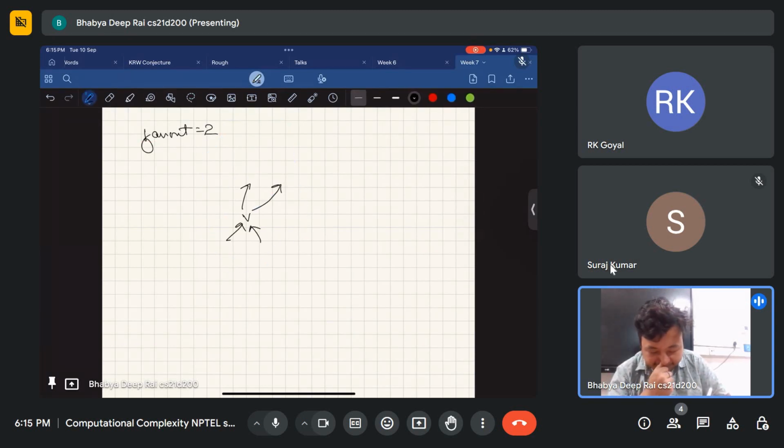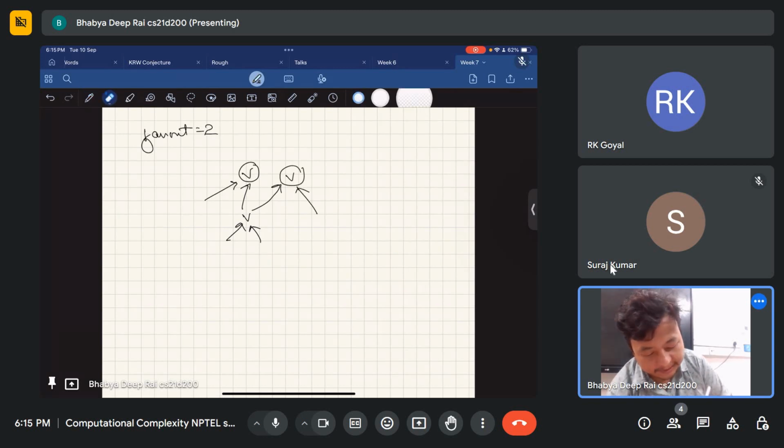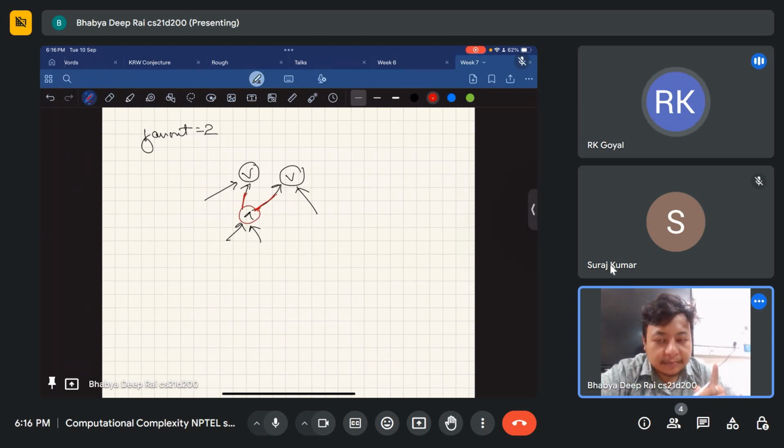Let's say it feeds as an input to an OR gate, and also feeds into another OR gate, something like this. So this gate has a fan out of 2, right? It is feeding into two different gates.